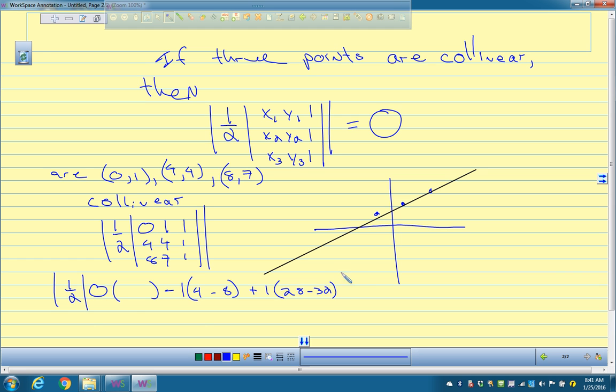They might ask you to prove that it's collinear.